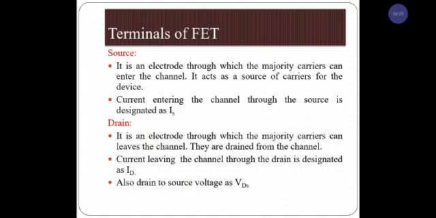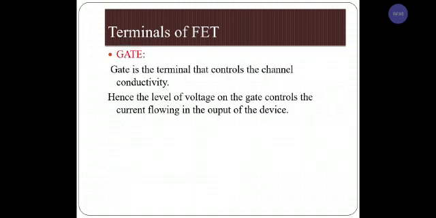Similarly, drain is an electrode through which the charge carriers leave the channel and it is designated by the symbol ID, the current leaving the channel through the drain. Also, the drain to source voltage is indicated as VDS.